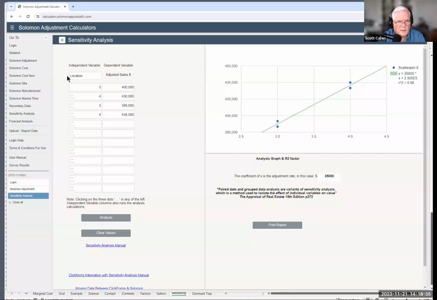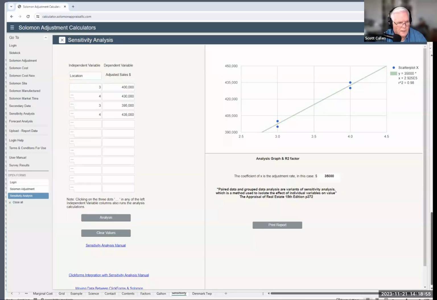It does take a little bit of practice and some common sense. You know, I know what the numbers say, but as the old saying goes, not everything that can be measured counts, and not everything that counts can be measured, and that's why they still need human appraisers.